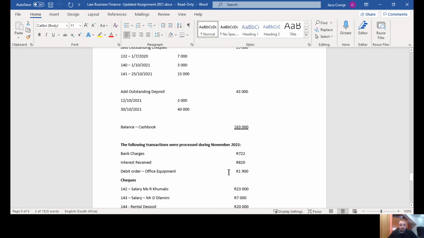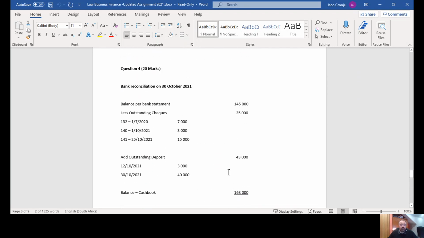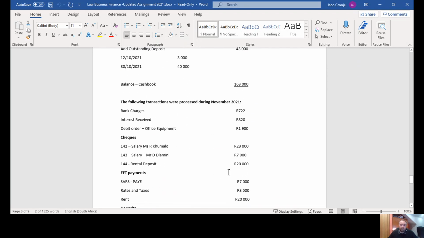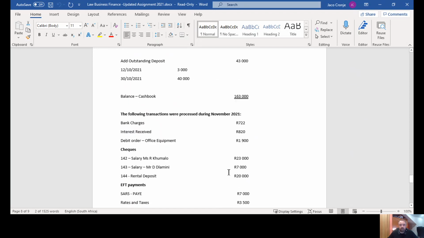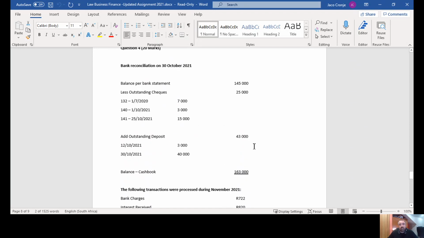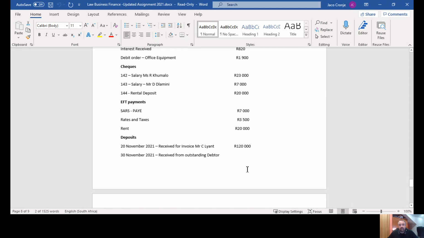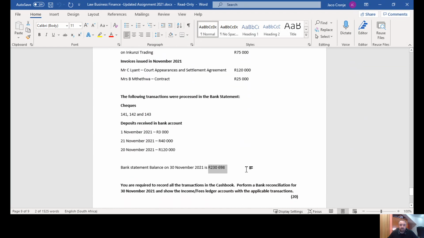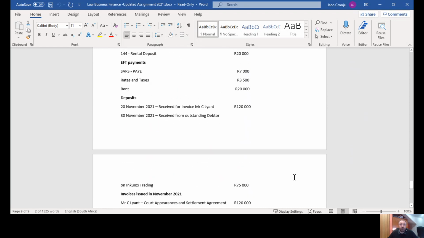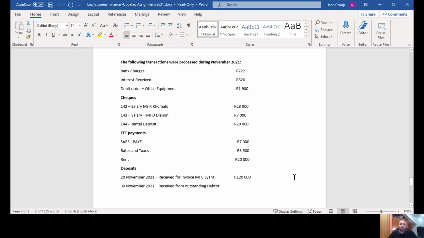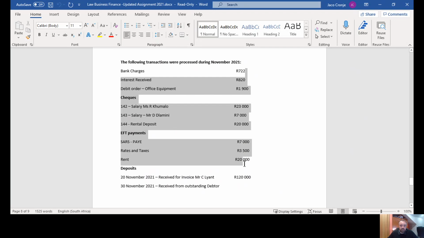Okay, so according to me, it looks very tricky because the bank recon is the hairy part of this. But the bank recon is actually, I think, 5 marks of the 20 marks. The bulk of your marks will be allocated for your cash book, and your cash book will simply contain all of these entries as simple as we did them in the assignment.